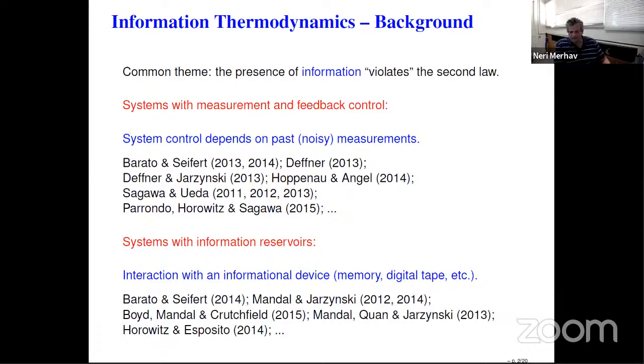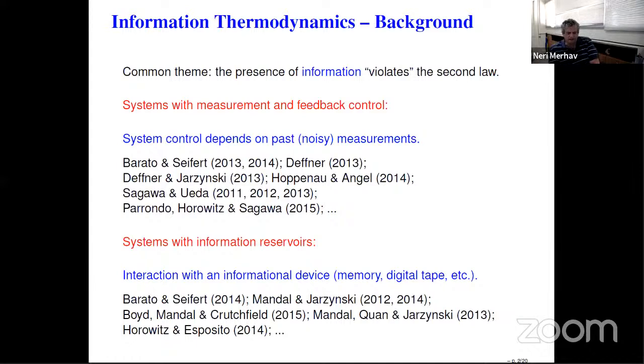And I've listed here only a few works on this from the last decade, a non-exhaustive list, and it also doesn't include all the works from the last few years. But the point is that we continuously measure the system and create feedback, and the information is in the measurement.